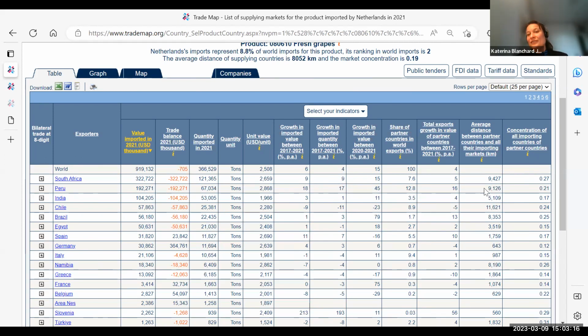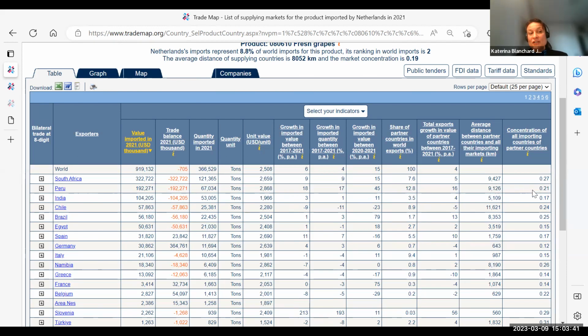We also have the indicator of the average distance, for example, here. What is important to know if we read the indicators? Now, suddenly, the concentration indicator differs. So here, this concentration indicator tells us more about the export basket of Peru.